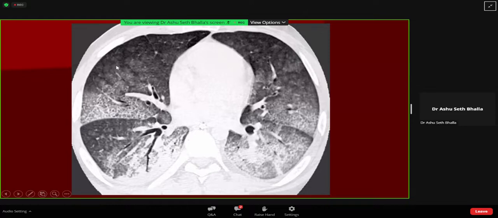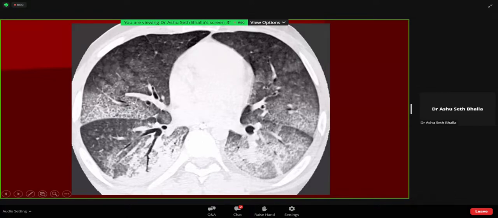Because once the DAH starts to clear out, it clears out through the veins, and because the veins run in the interlobular septum, these are the areas which clean out the fastest. Yeah, these are like the highways of the lung which are cleaning all the muck away. So that is why there is a relative clear margin, which is because of the clean interlobular septae, and you get this lobular appearance.